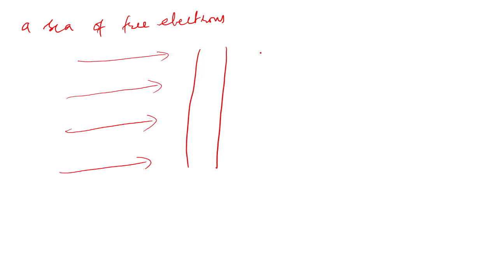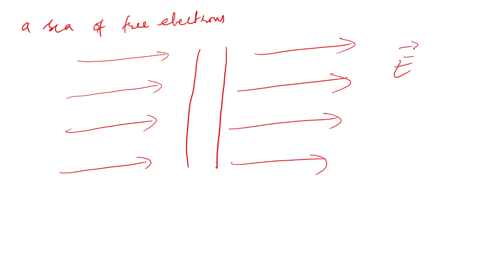So if I have a conductor, let's say this is a piece of a conductor, and I place it in some electric field E. Now what happens is that the free electrons within the conductor would move in response to the electric field.